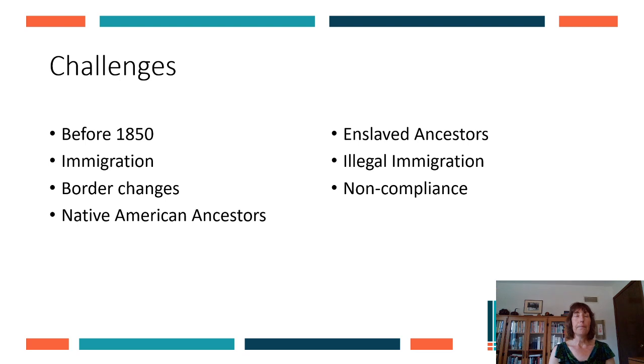Sometimes the people don't move, but the borders do. If your ancestor lived in areas of Mexico that were eventually annexed to the United States, such as Texas, New Mexico, Arizona, California, then for the dates before annexation, you will be working with Mexican resources.